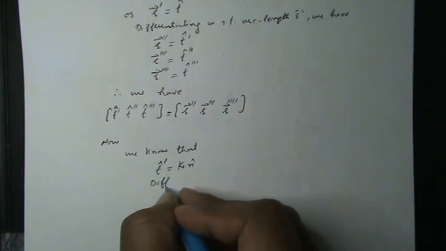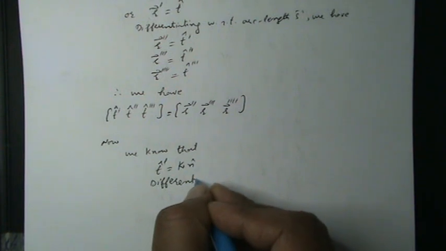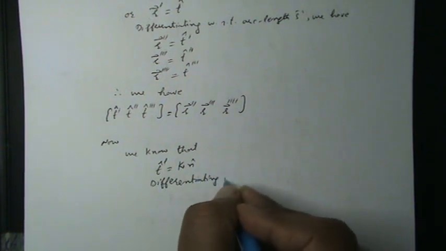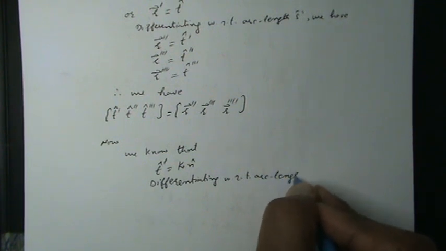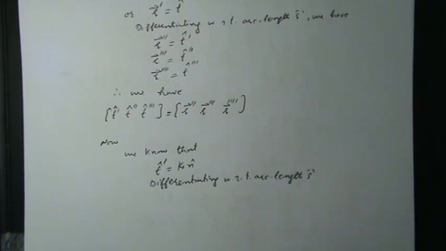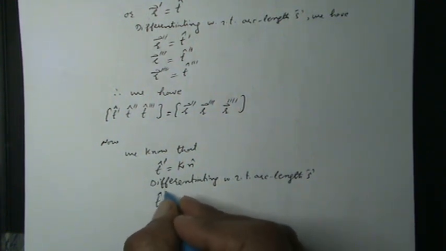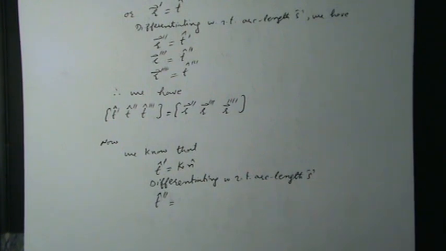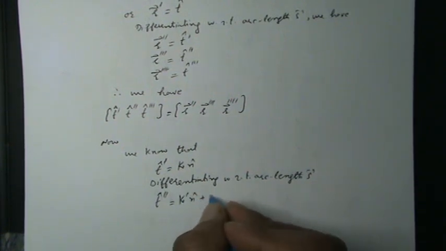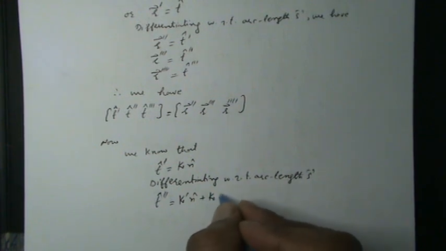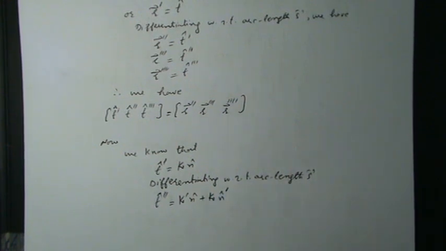Differentiating with respect to arc length S, t unit vector double dash is equal to kappa dash n unit vector plus kappa n unit vector derivative.